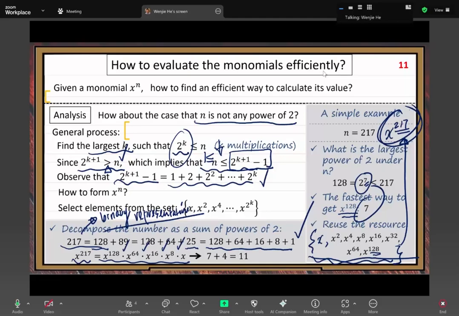If you see 1, you need to select the corresponding power of 2. 0, you skip it. So the binary representation will tell you the decomposition information.